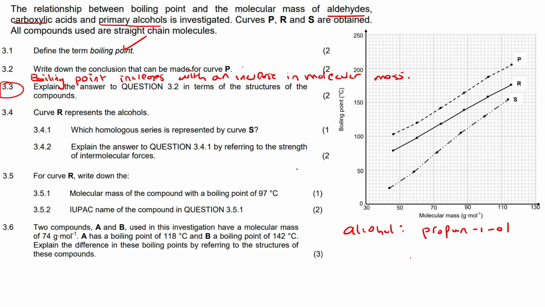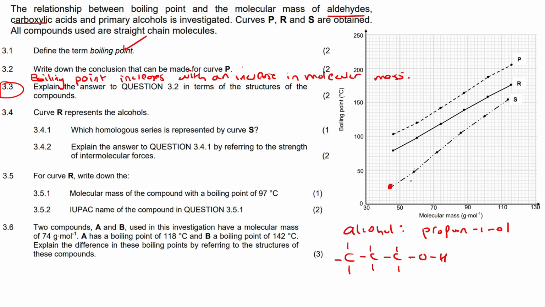It's going to be on carbon number 1 because they said it's a primary alcohol. So for example, propanol looks like this. Let's just pretend that this line is alcohol. I'm not saying that it is, but let's just pretend. And let's say this is propanol.